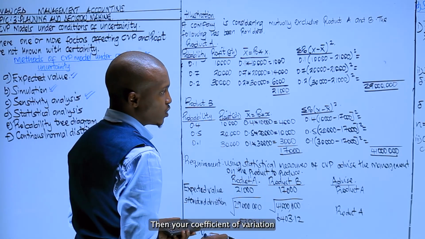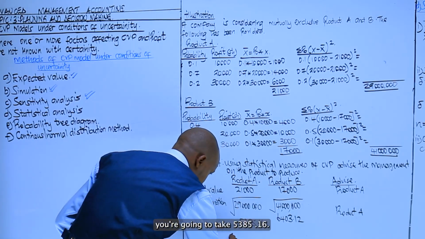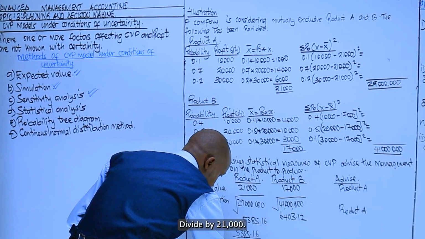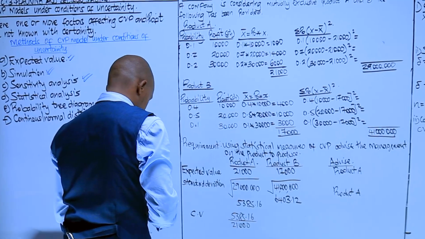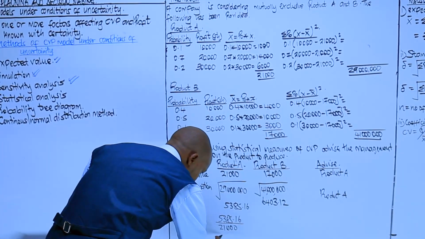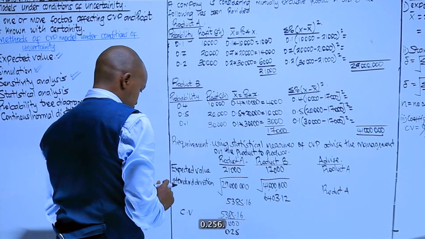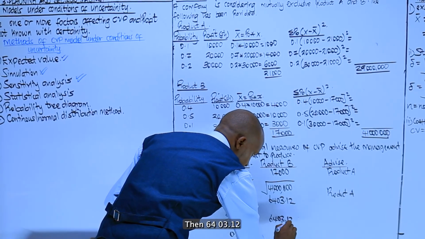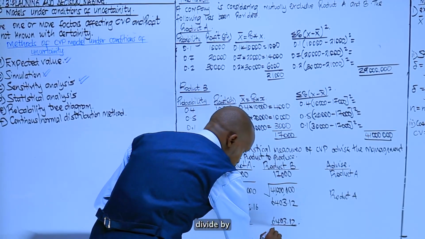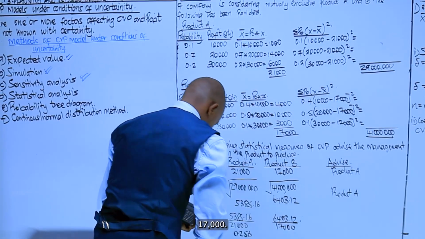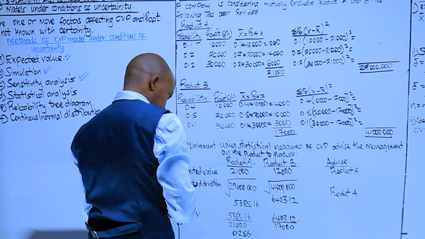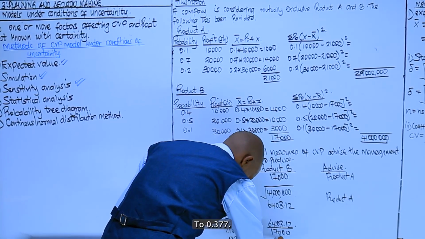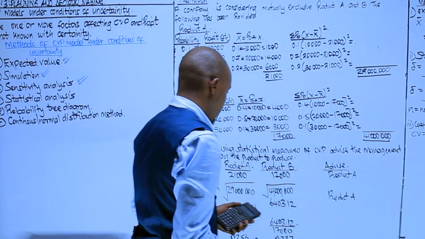Then your coefficient of variation: you take 5385.16 divided by 21,000, which is 0.256, then 6403.12 divided by 17,000, which is 0.377.